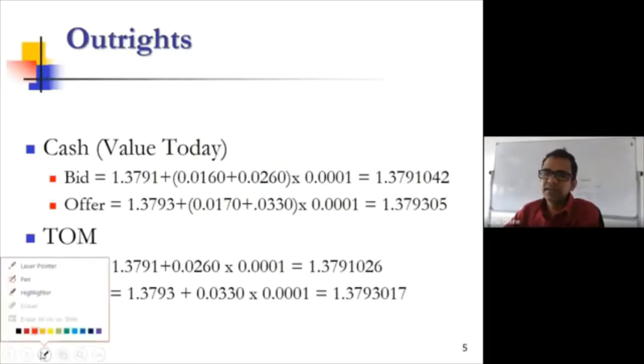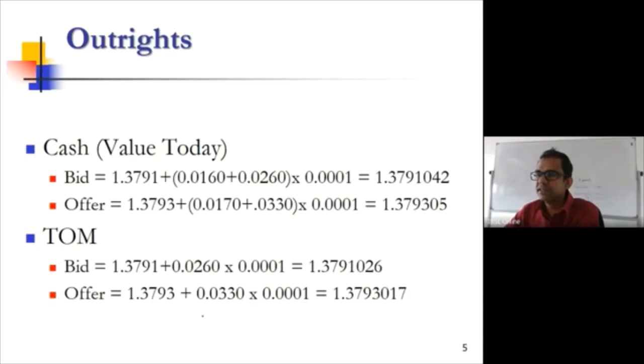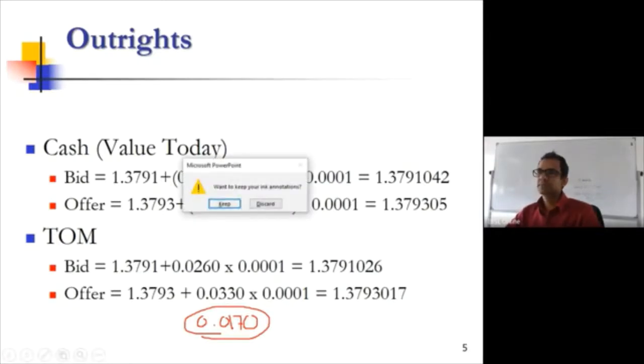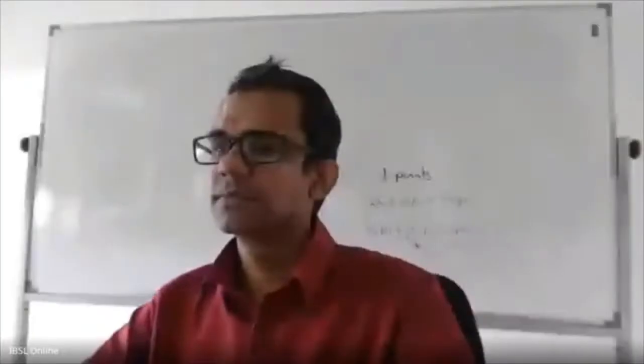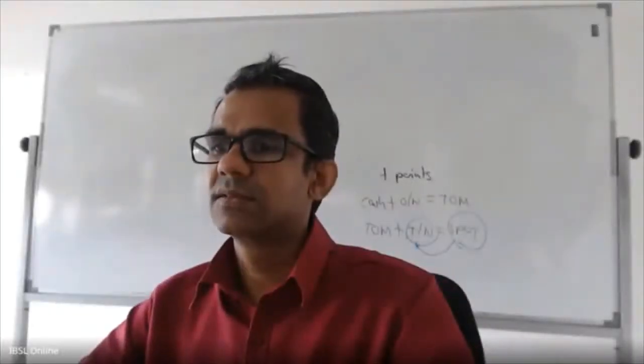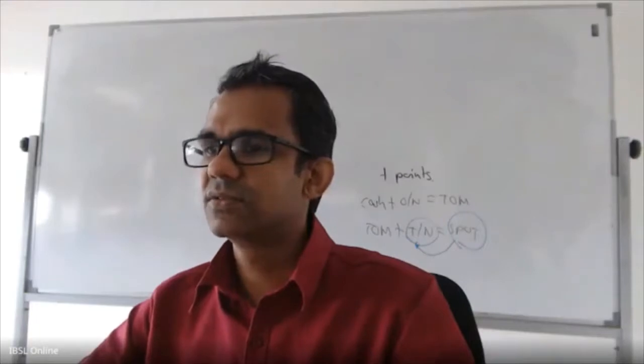The change I made here is, earlier this one was 0.0170, which is wrong. Now I have to change the answer as well. 1930.